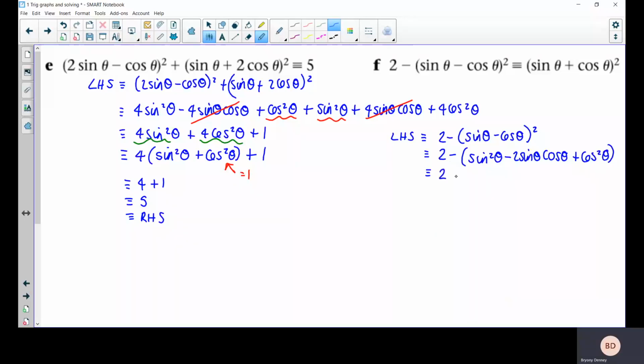I'm multiplying by minus 1. So I'll have 2 minus. Now, actually, before I do that, I've just noticed that I've got a sine squared theta and a cos squared theta. So before I multiply through by minus 1, that is going to be 1. Just making it a little bit simpler.